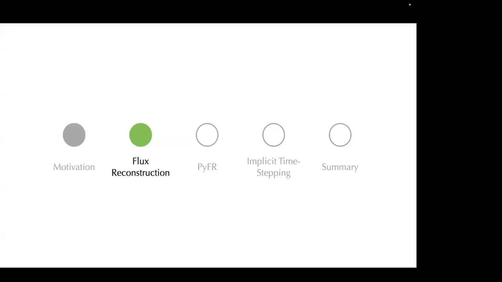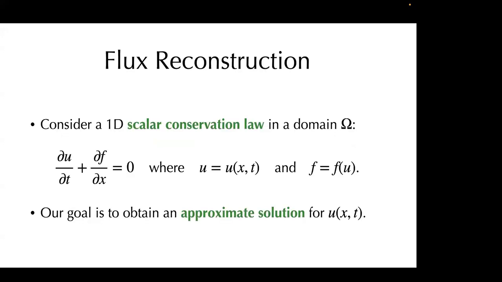Within this context, the class of schemes that I would like to pitch to you are the flux reconstruction, or FR, family of schemes. And I'm going to illustrate these schemes by working through how we can solve a simple one-dimensional scalar conservation law using flux reconstruction.